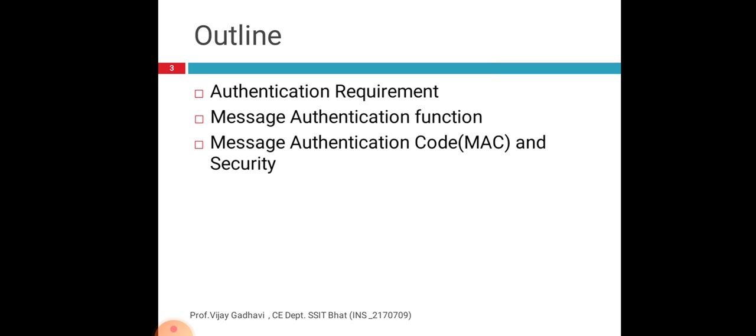In other words, to confirm that the message comes from the stated sender, which is authenticity, and has not been changed, modified, or altered. The MAC value protects both the message's data integrity as well as its authenticity.